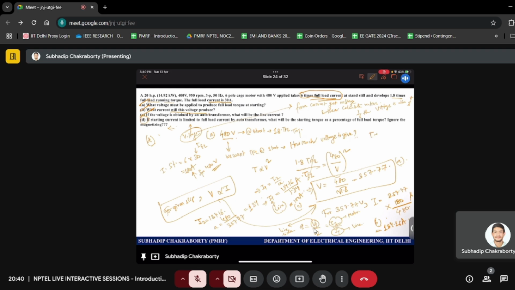Torque is 1/6 square, right? So then you try to calculate starting torque as a percentage of full load torque.